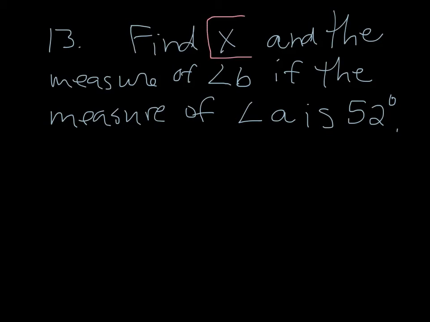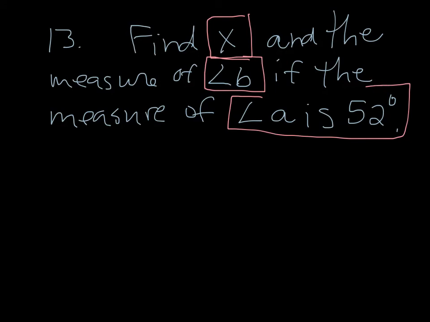You're missing where it says find x, and you're missing where it says and the measure of, and then right there between the of and the number 14 should be angle B, and then if the measure of, and then you're missing this part. I'll type that out on Canvas as well. And then same for number 12, or excuse me, number 14. You're missing the exact same spots.